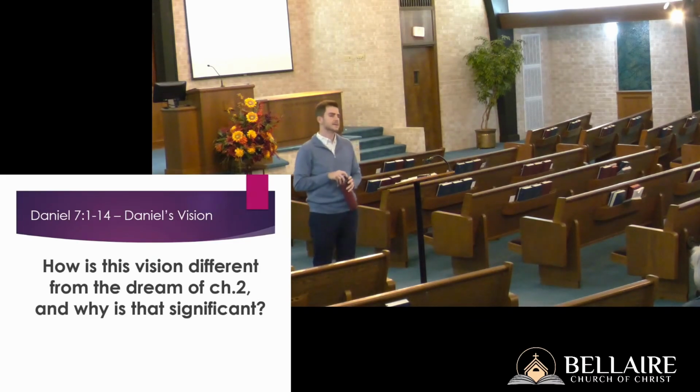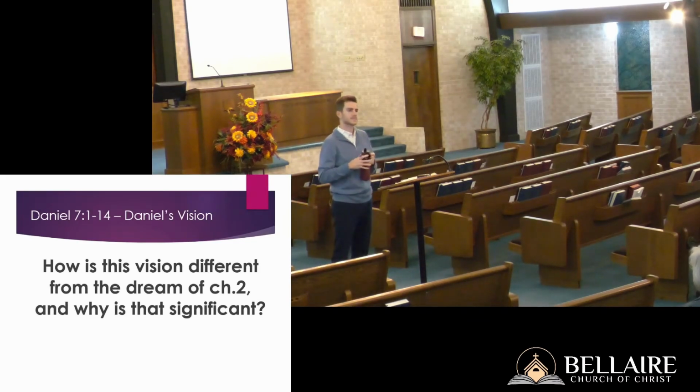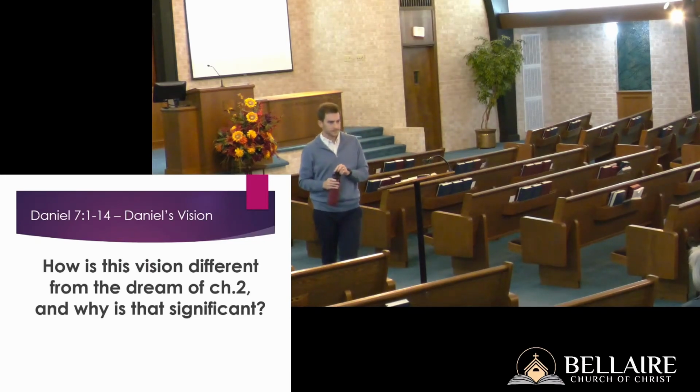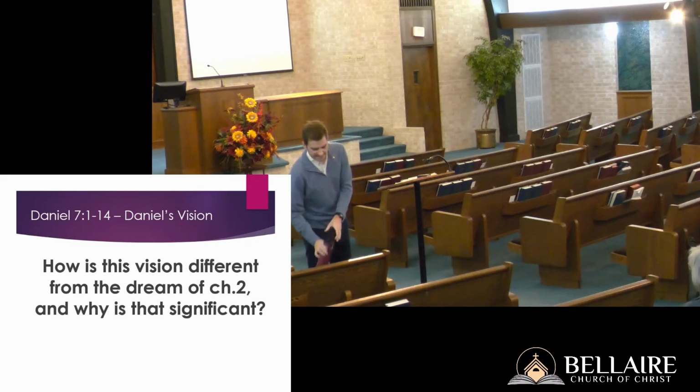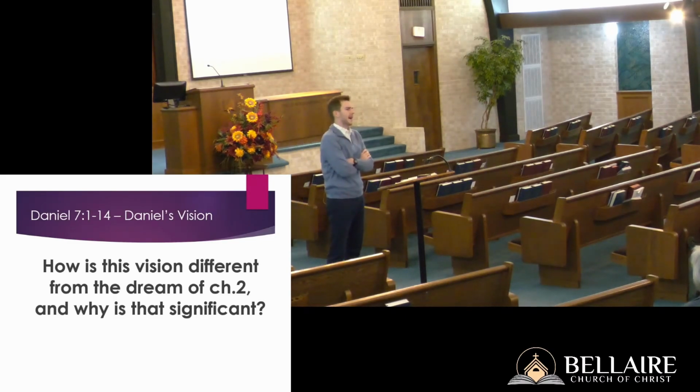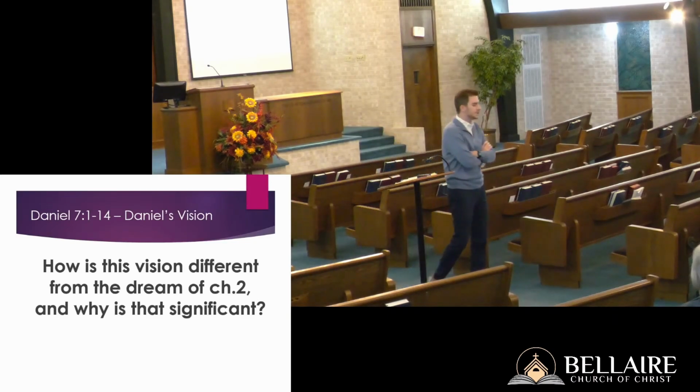Not that it wasn't dramatic in chapter 2, but just the manner in which it was conducted. Maybe that's what I was thinking about when Albert was talking. More dramatic, scarier, right? I don't know if Daniel was necessarily shaking to his bones when he interpreted the vision for Nebuchadnezzar in chapter 2. He's shaking by the end of chapter 7, for sure.